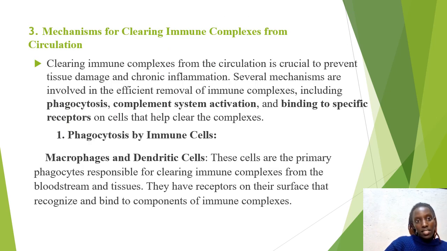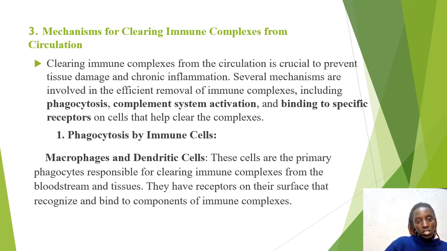The third thing that I'm going to talk about is the mechanisms of how immune complexes are cleared from circulation. Clearing immune complexes from circulation is crucial to prevent tissue damage and chronic inflammation. Several mechanisms are involved in the efficient removal of immune complexes, including phagocytosis by immune cells like macrophages, neutrophils, and dendritic cells.